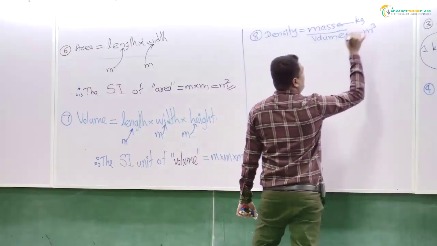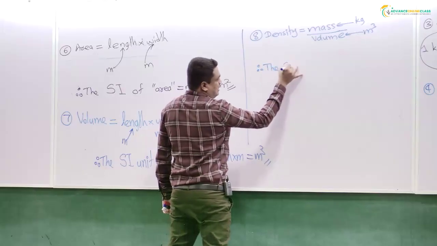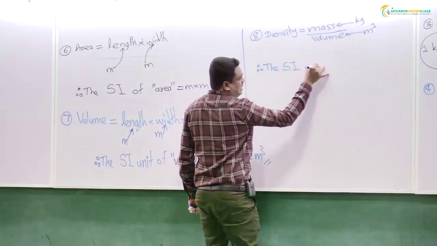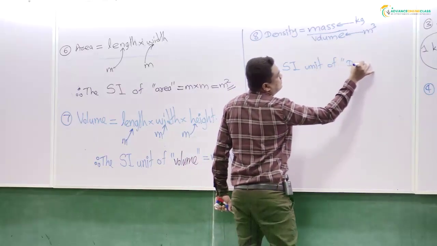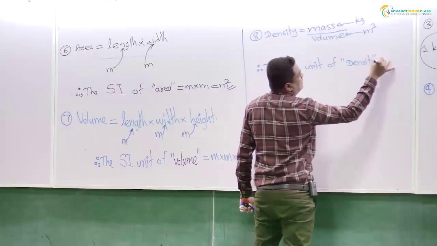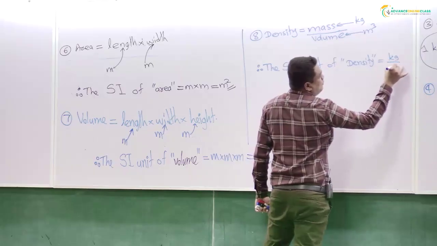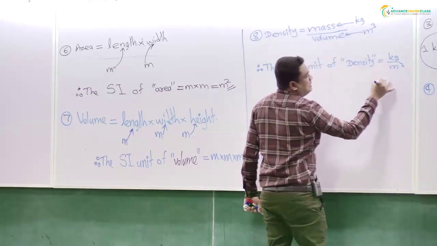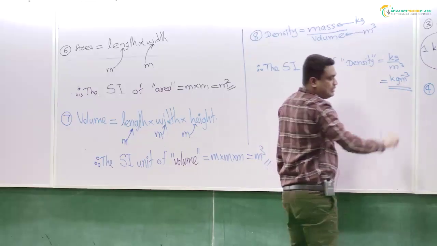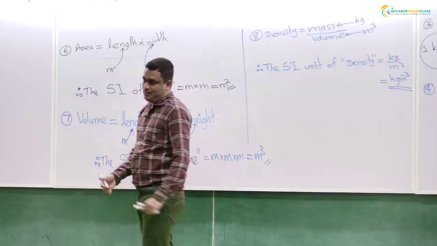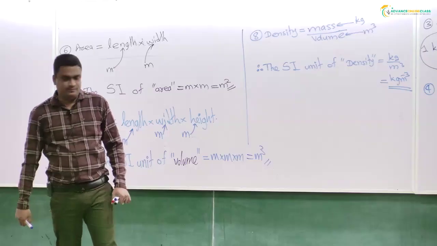Very good. So therefore, what is the SI unit of density? Mass is measured by kilogram. Volume is measured by cubic meter. Kilogram per cubic meter. Got it?